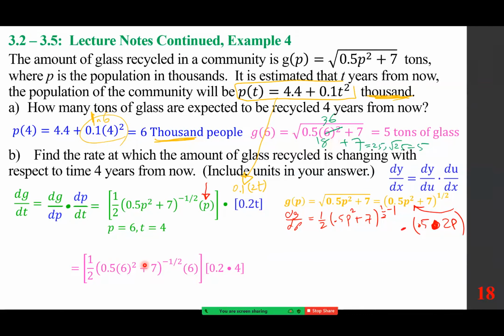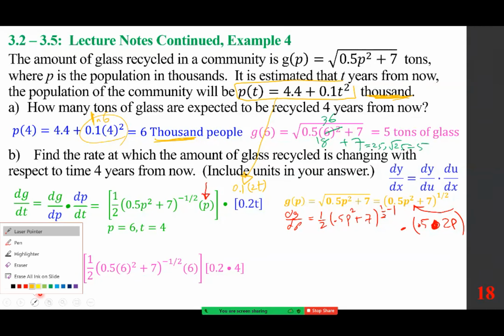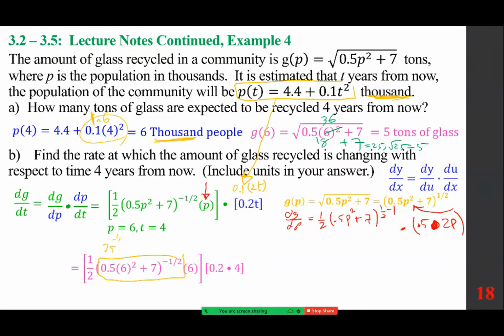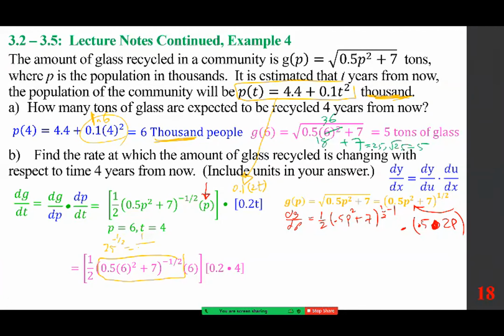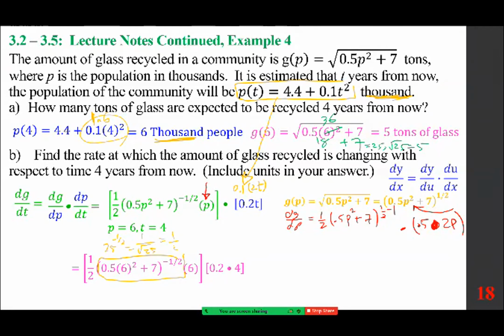So this one, when you take it down, remember what this is. This one is 25. So this one is 25 to the power of negative 1/2, which means 1 over 25 to the power of positive 1/2, or 1 over square root of 25, or 1 over 5.